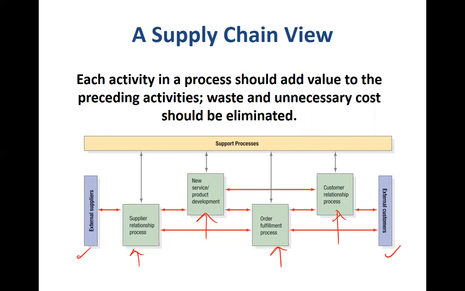And then also we have this set of support processes that are necessary to execute our core processes. So we will explain each of these different types of process and how each might have many embedded processes within them to get a better understanding of a supply chain view.